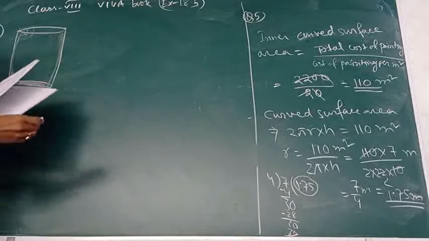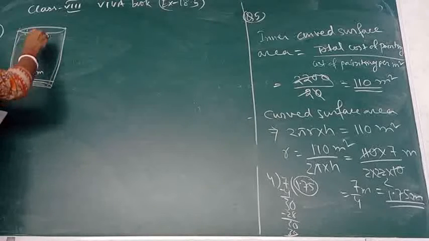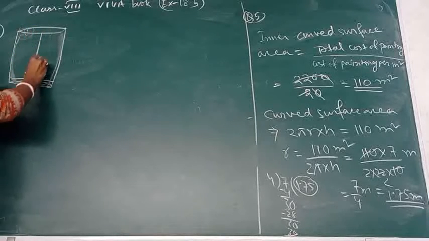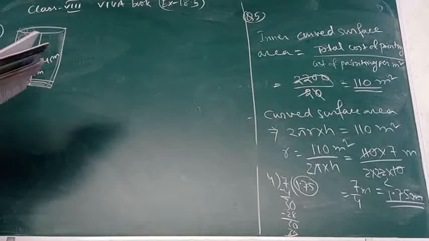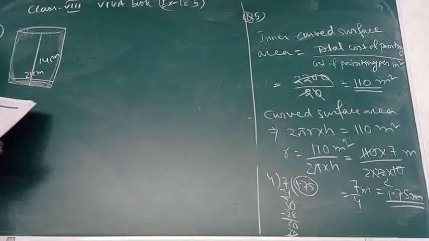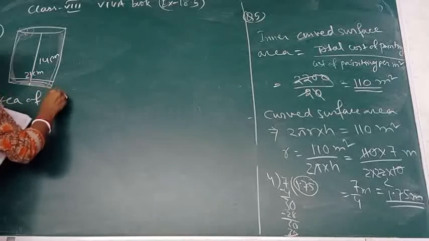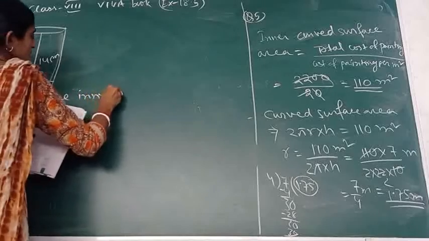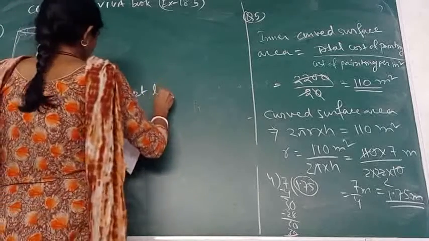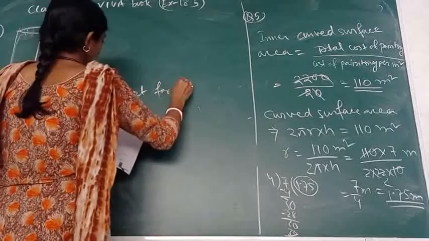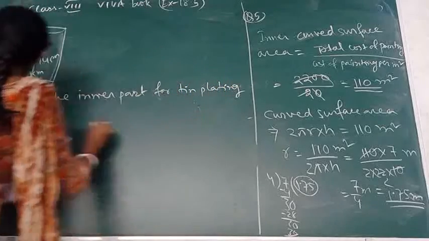Here in this question, the diameter has been given as 21 centimeter, and the height for the same has been given as 14 centimeter. Let's go for the area of the inner part for tin plating, equal to how much?